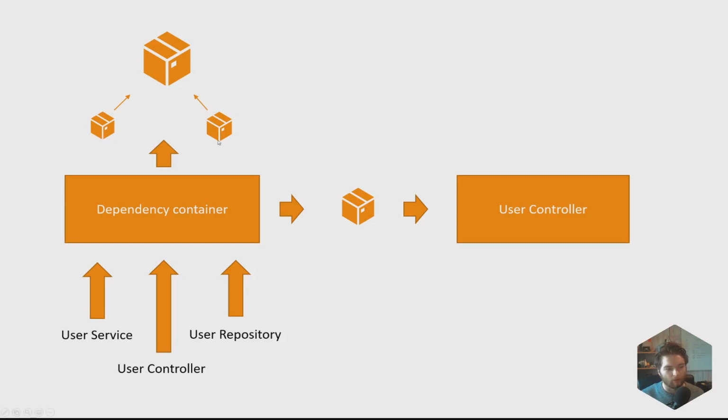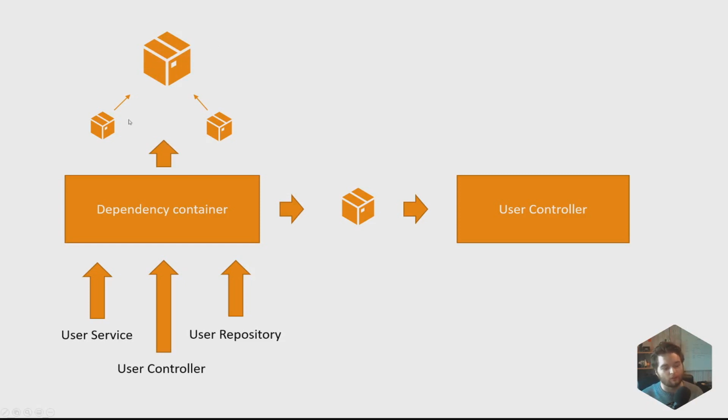So now you're going to be saying, hey container, those two should be one package together. So you get this big package, and this big package defines the rules of how it should be injected. So we're saying, hey, in this big package, user repository is injected inside our user service.